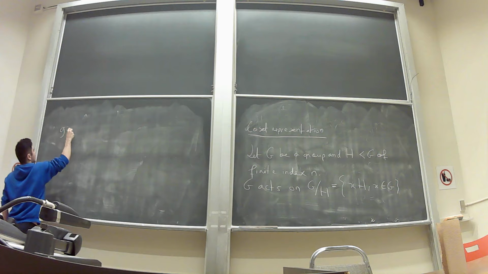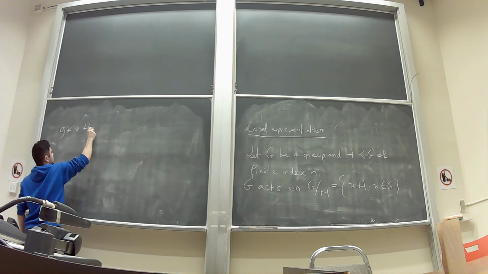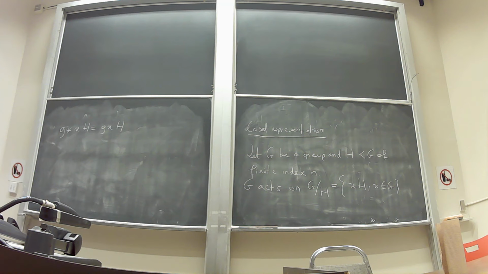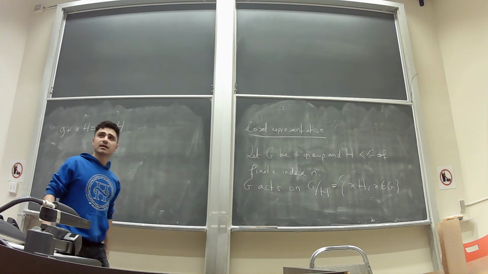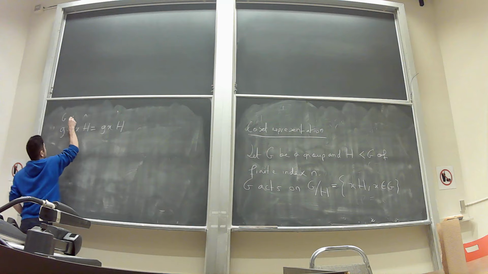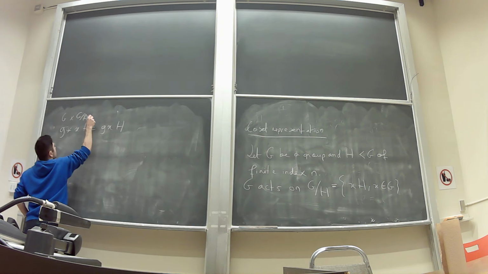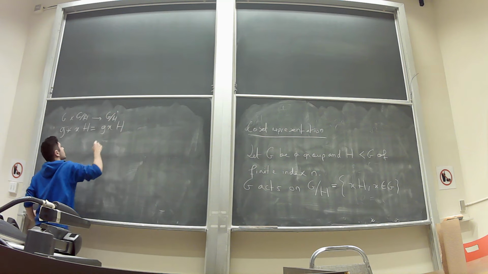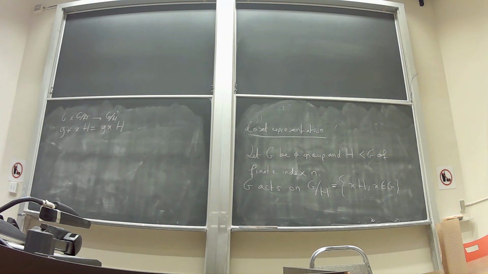I take a g in G and a coset xH, and it sends me back the coset gxH. I have a left coset xH. When I multiply by g on the left, I get a left coset. So really, this is an action from G on G mod H, and you get back an element of G mod H.